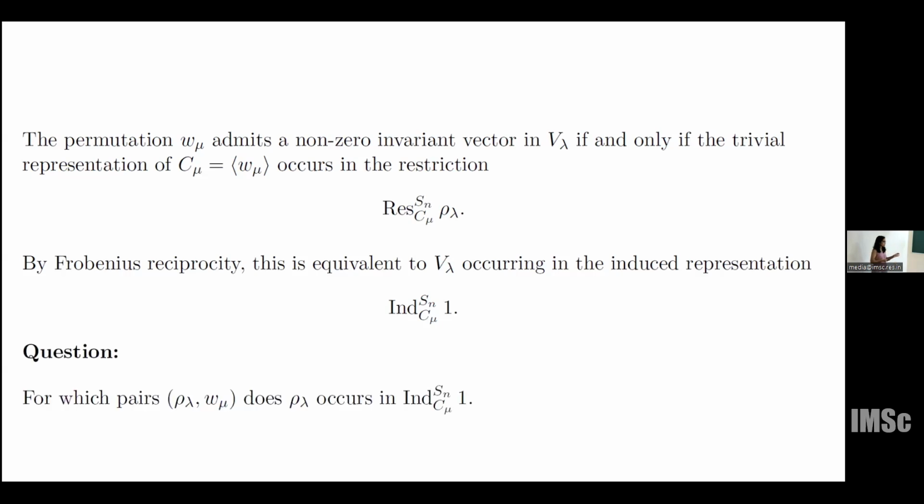So the question can now be translated into this language: we are looking for the pair of an irreducible representation rho_lambda and a conjugacy class w_mu, such that rho_lambda occurs in this induced representation from the cyclic subgroup generated by w_mu to S_n, of the trivial.